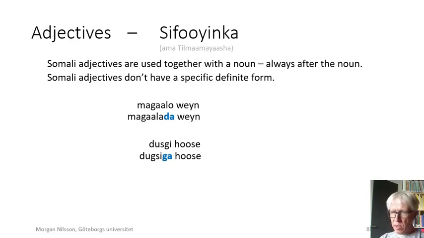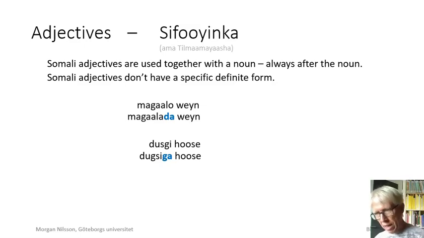Somali adjectives are used after nouns, so they're used as an addition to a noun. They don't have any definite article. They don't change when we put the noun in the definite form. So we add the definite article to the noun, but nothing happens to an adjective.